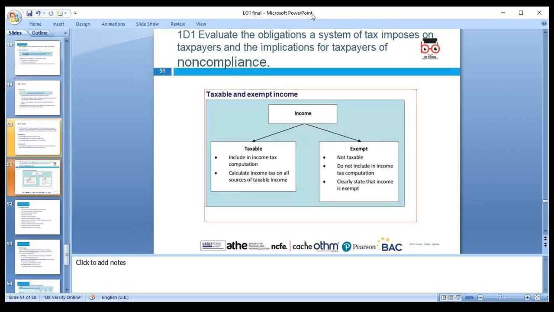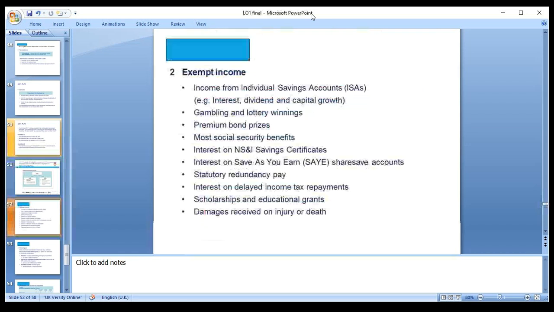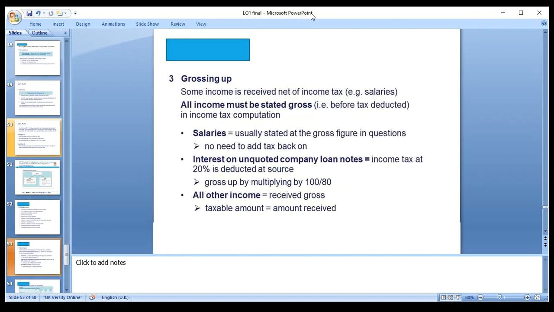Okay, evaluate the obligations of taxpayers and the implications of tax non-compliance. We know that exempt income we still need to declare. If we don't declare it, what complications can there be? Grossing up: we need to make sure that where tax is deducted at source, you add it in full, and then deduct whatever you paid, of course in our declaration.